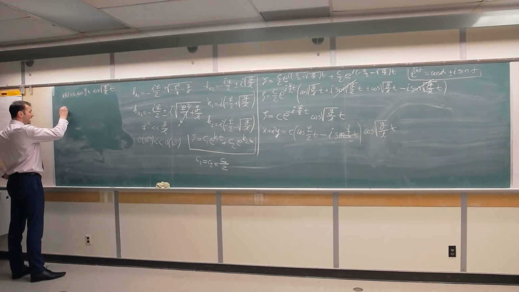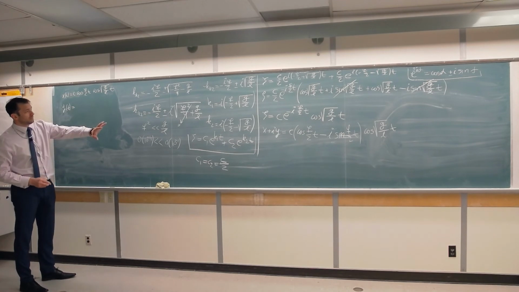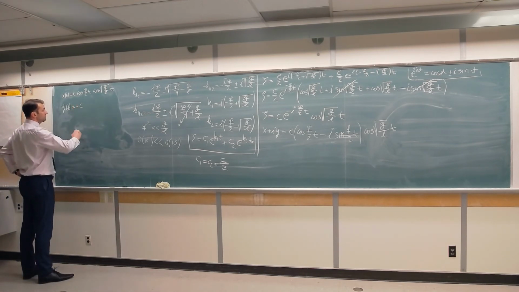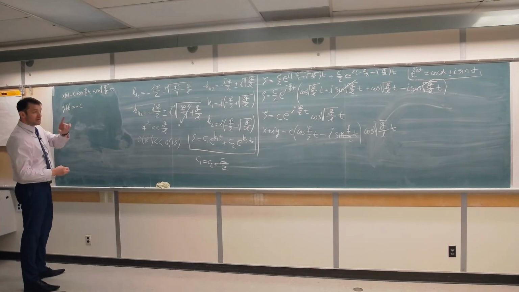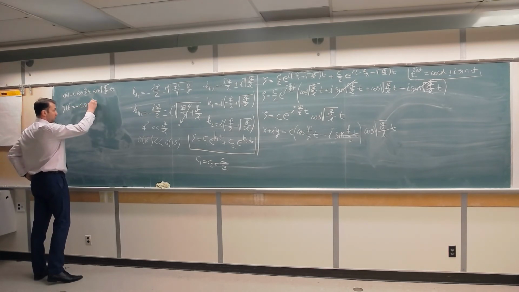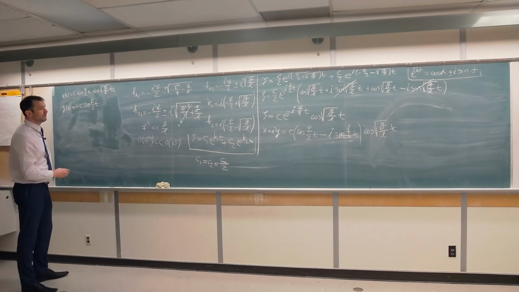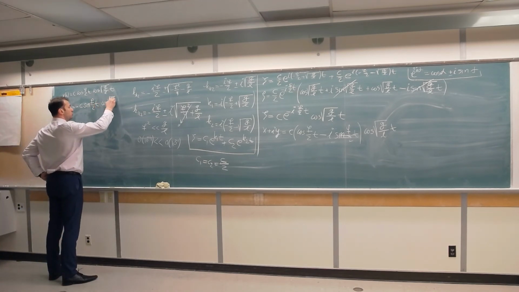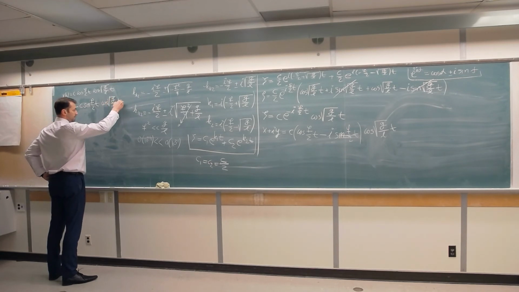And y as a function of time is equal to negative c, some arbitrary real constant, sine f over 2 times t times cosine square root g over L times t.